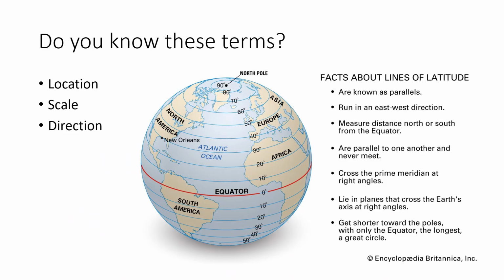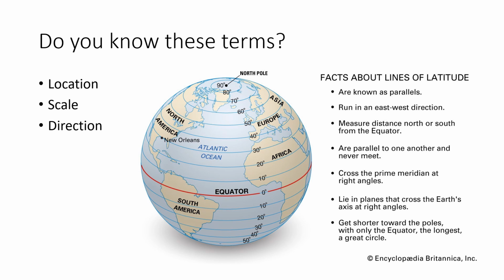Now, just to help you understand a little bit more about the lines of latitude and longitude, I've taken this from Encyclopedia Britannica just to show you what we're talking about, because it can get quite complex. Remember, lines of latitude are about location, scale, and direction, and we need to know the degrees at which those lines of latitude, or parallels, are located.